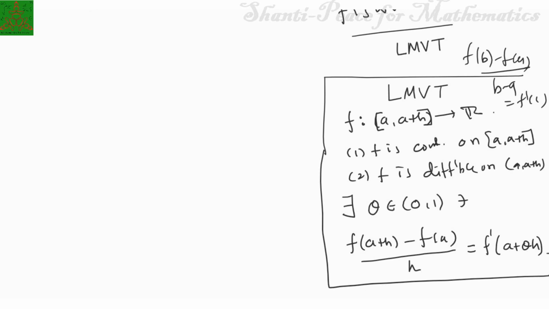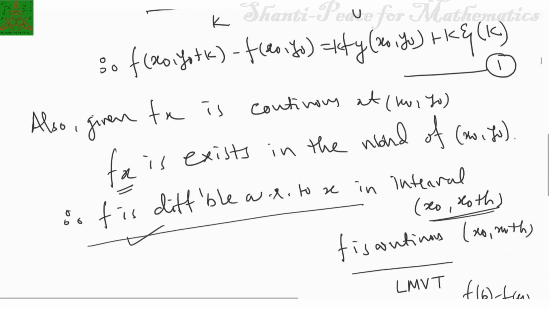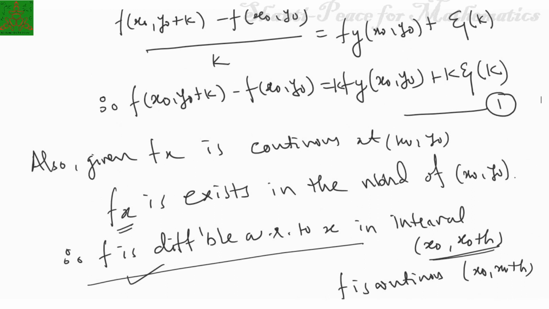So by recalling this LMVT, because I require this theorem here, fx exists, which means it is differentiable in this neighborhood x0 to x0 plus h, and it is also continuous in that neighborhood.